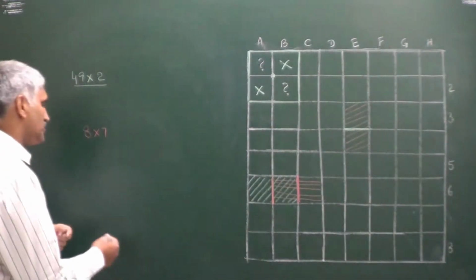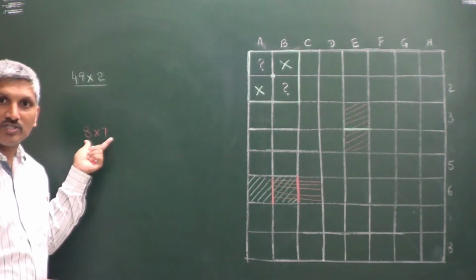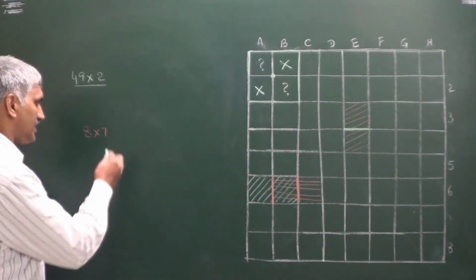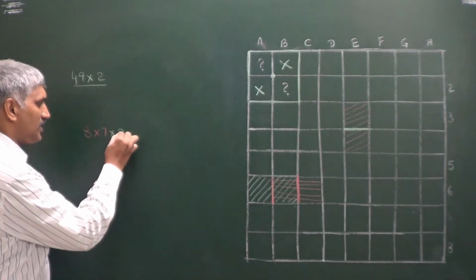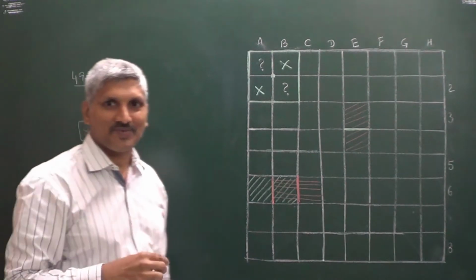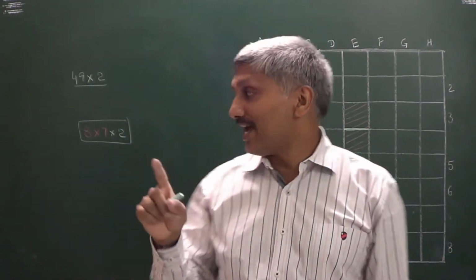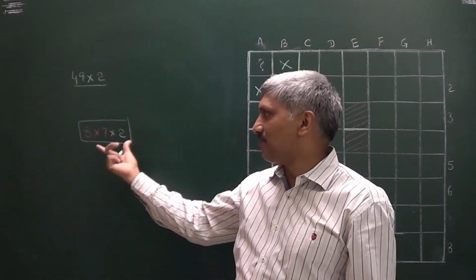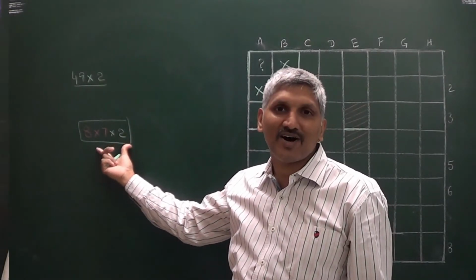That's why horizontally these many possibilities. No doubt, vertically also you will get the same possibilities. That's why 8 into 7 into 2. This is the answer for the number of ways of selecting squares having a common side.